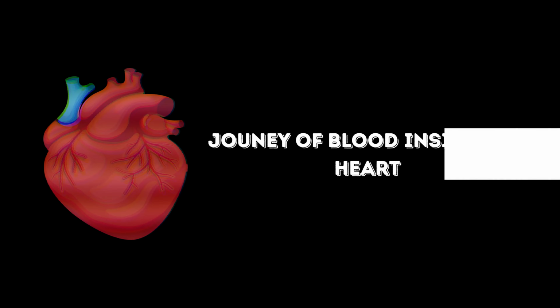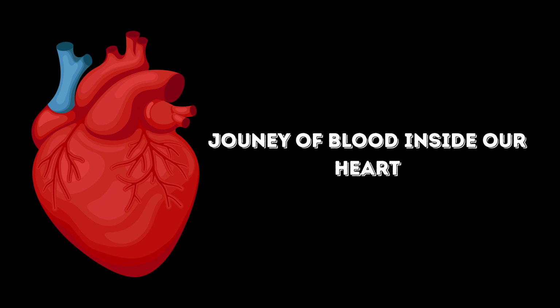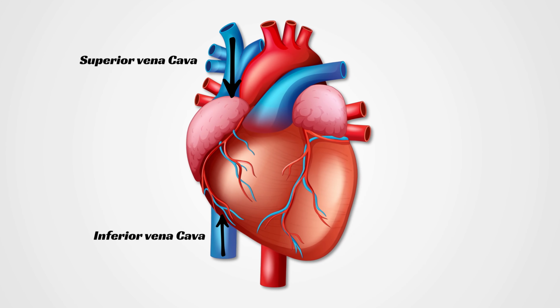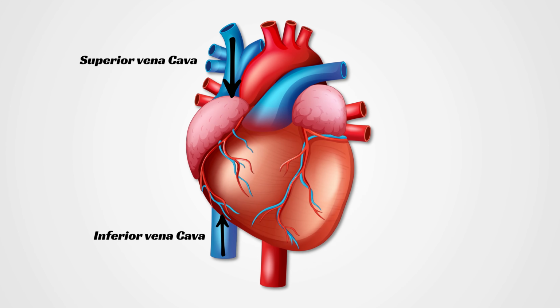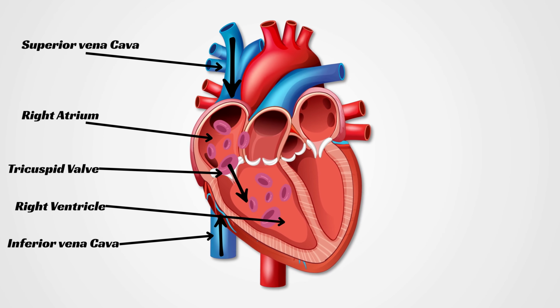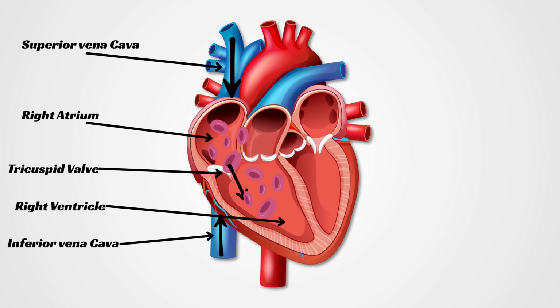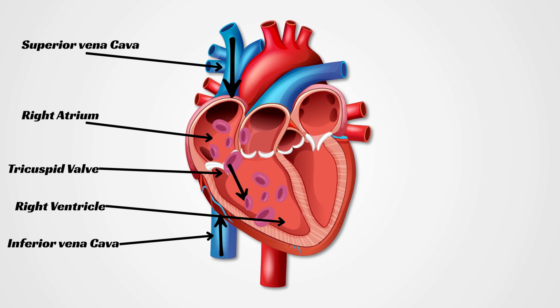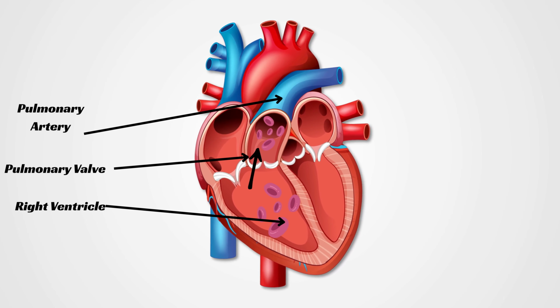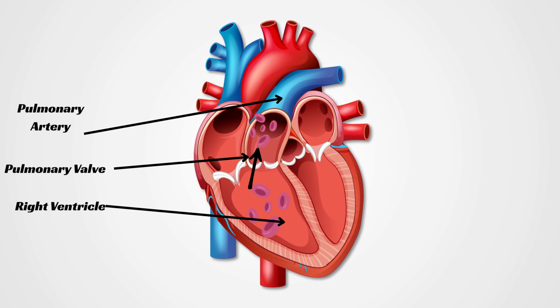Now we also discussed the journey of blood inside and outside the heart. The blood comes to the heart from the veins, specifically the superior and inferior vena cava, and enters the right atrium, which pushes the blood through the tricuspid valve into the right ventricle. Then the blood goes through the pulmonary valve into the pulmonary artery to the lungs.